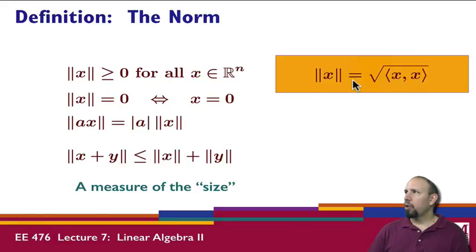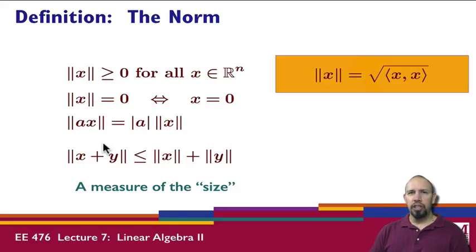But once we take the square root, then it does satisfy this property. We can go through and show also this property, which is called the triangle inequality. This is like a generalization of the Pythagorean theorem with respect to n-dimensional vectors and sizes. So, okay, those are some important quantities we're going to be looking at, important functions of vectors.